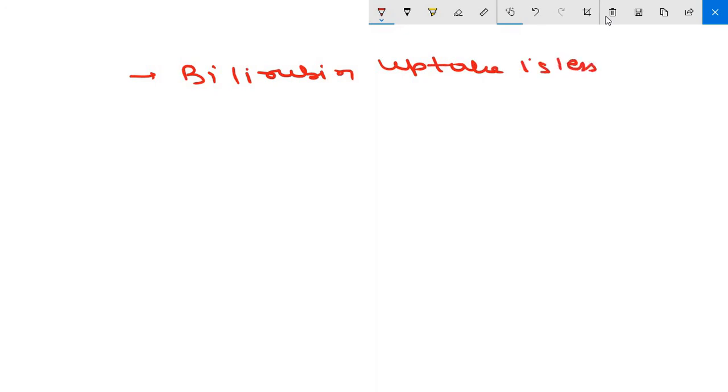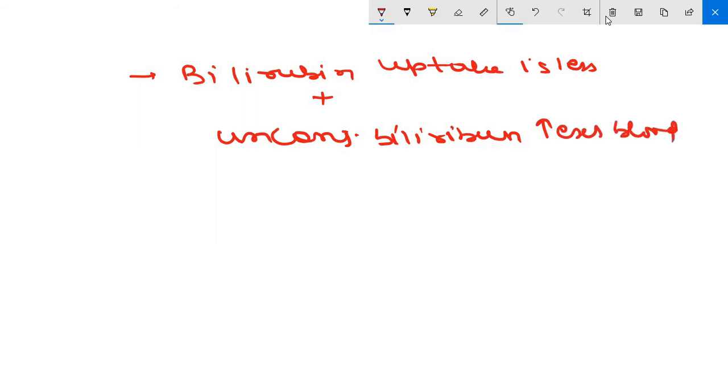Along with it, in galactosemia, bilirubin uptake is less and bilirubin conjugation also decreases, so unconjugated bilirubin increases in the blood. Due to this, the liver will enlarge and jaundice will occur. These are the features of galactosemia.